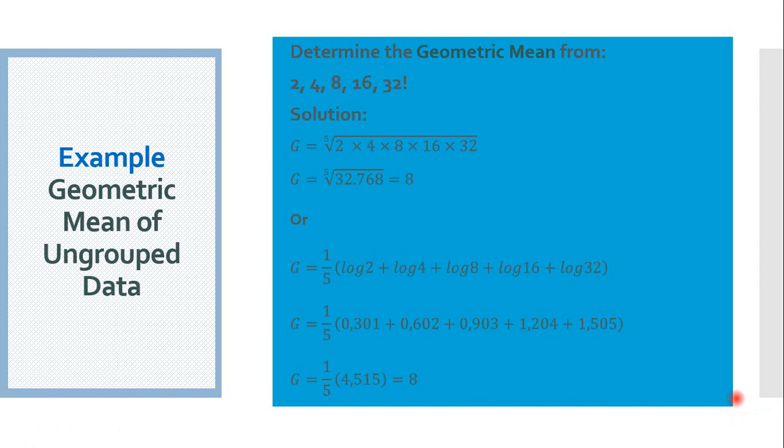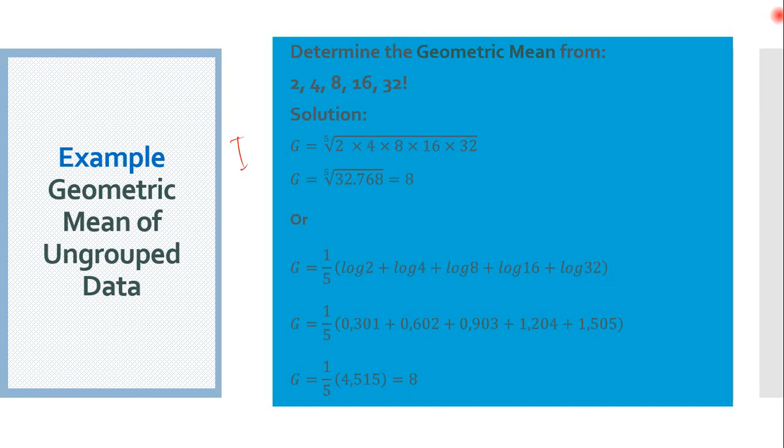This is the first method. G, or geometric mean, equals the nth root of the multiplication of the values 2, 4, 8 and so on.